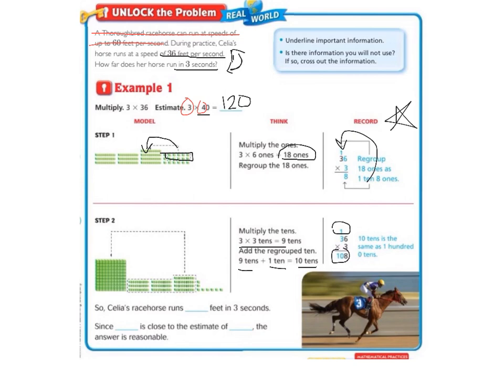So Celia's horse runs 108 feet in 3 seconds. Since this 108 is close to our estimate of 120, we know that our answer is reasonable. That's fast. In 3 seconds, 108 feet.